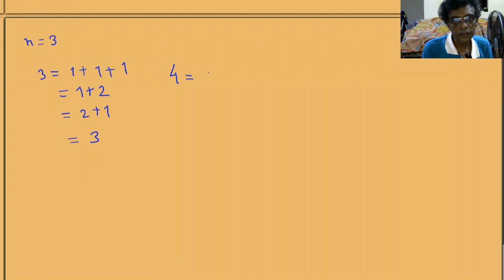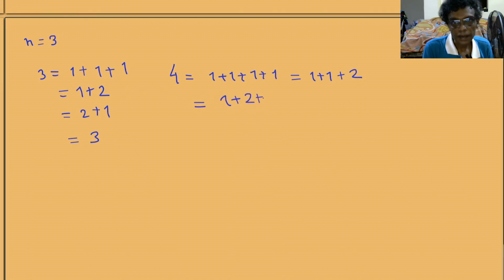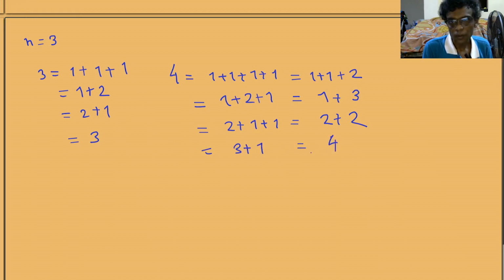So 2 ways this can be done: 1 plus 1 plus 1 plus 1, I add a plus 1 there, or I just add that 1 to the last summand. Likewise, either I add a 1 like that, or I add that 1 to the last summand. Here also 2 plus 1 plus 1, and here 2 plus 2. Here I have 3 plus 1 and 4.